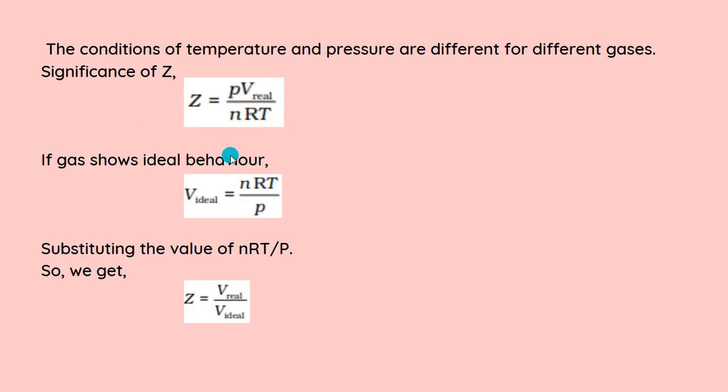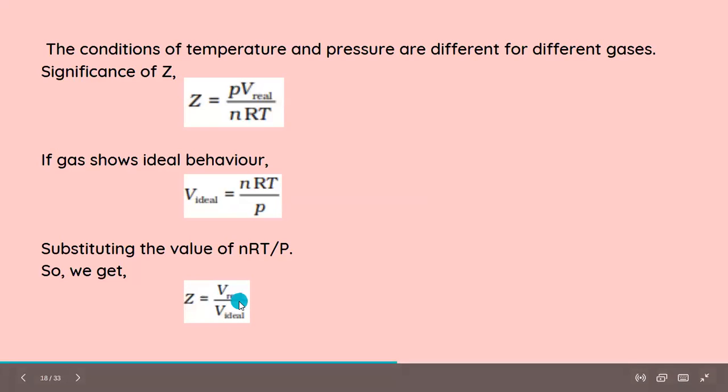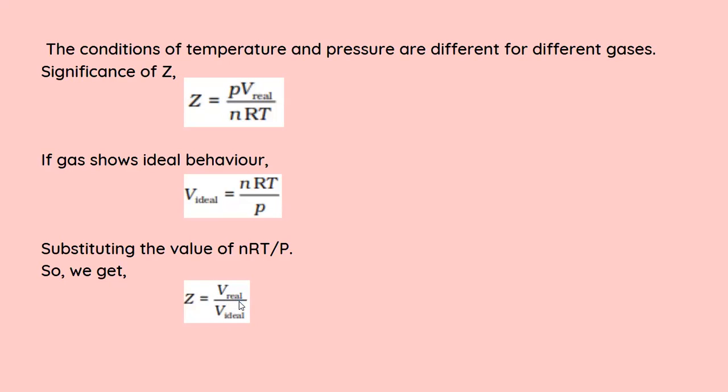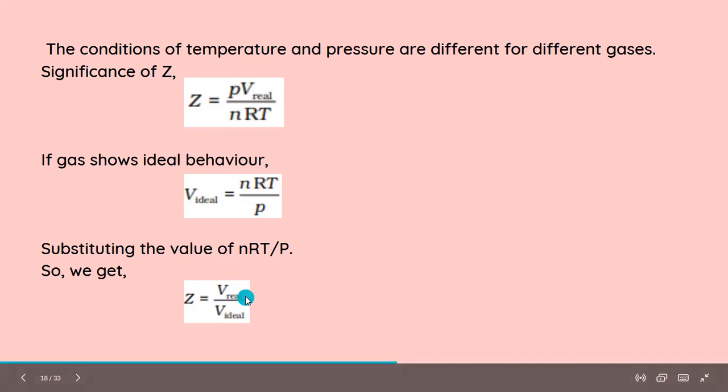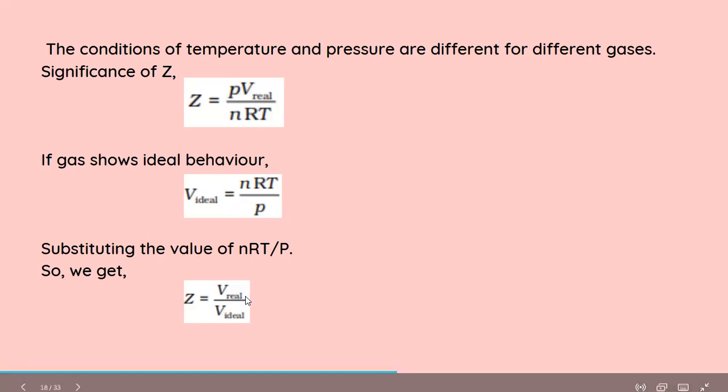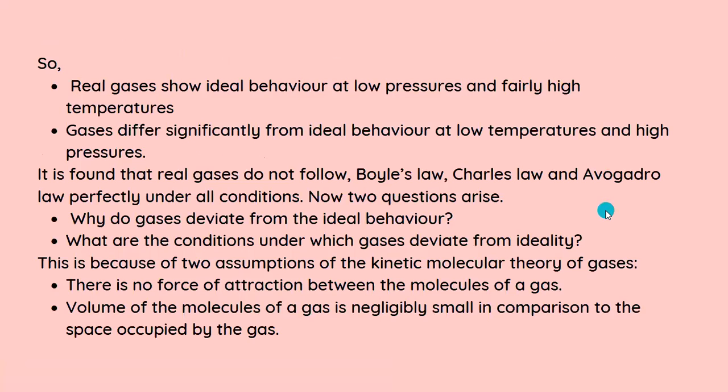If the gas shows ideal behavior, PV equals nRT, so V ideal will be equal to nRT by P, and this whole part of the equation gets replaced, and we get Z equals V real by V ideal. We conclude that the compressibility factor is the ratio of the actual molar volume of the gas, that is V real, to the molar volume of the gas if it acted as an ideal gas.